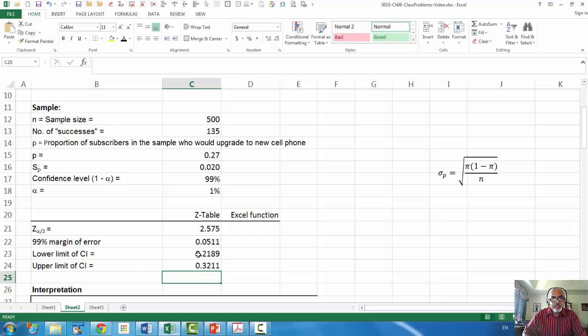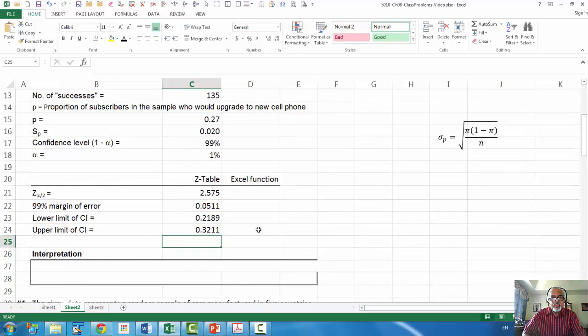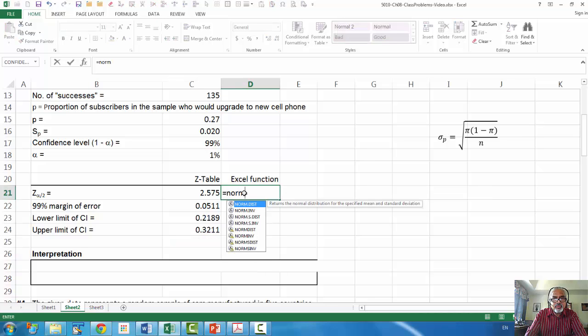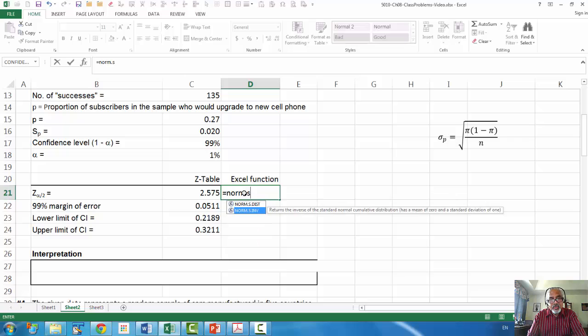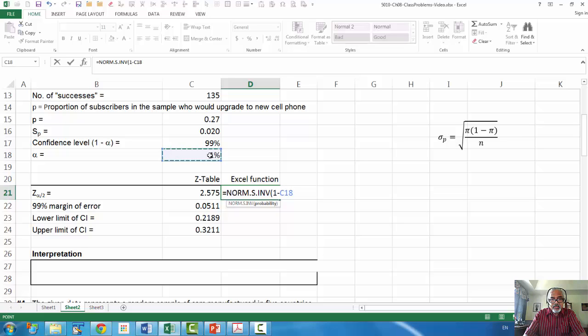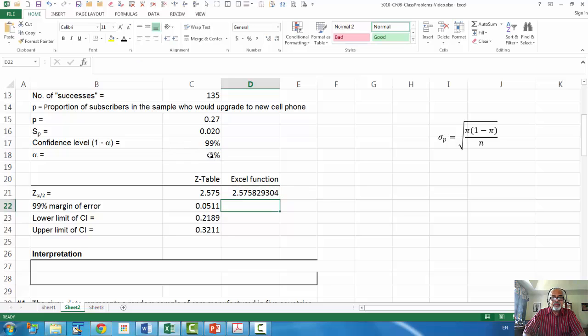So in other words, before that, if you use the Excel function here, the Excel function will be norm.s.inv. We have to give the cumulative probability, not the tail probability. So we need to use 1 minus alpha over 2. Okay, and you see that this is actually 2.576, slightly different, but the Excel function is more accurate, as I have said before.